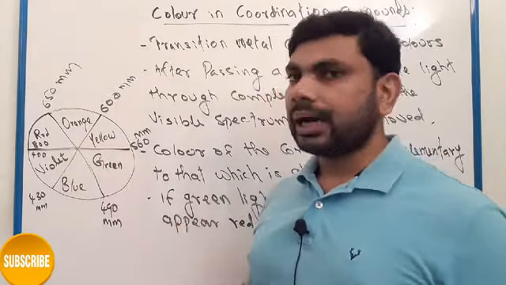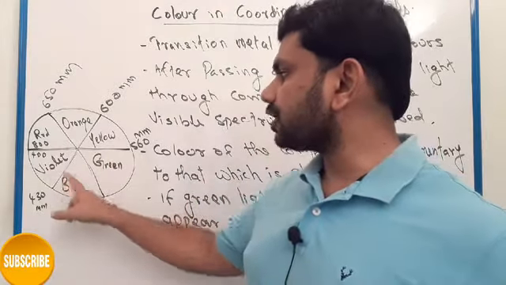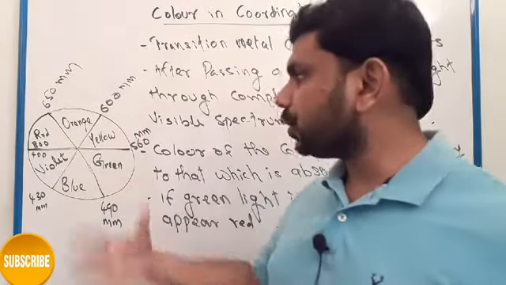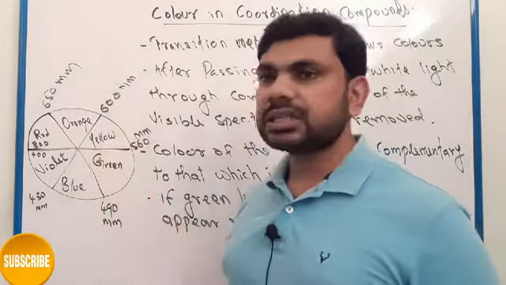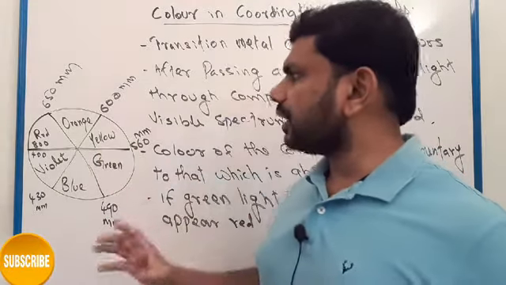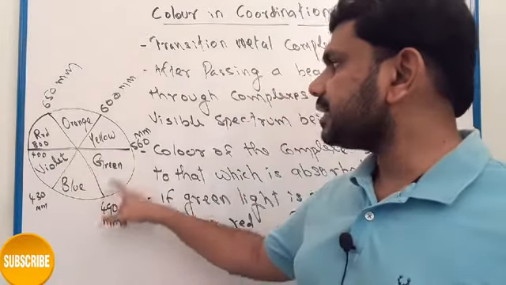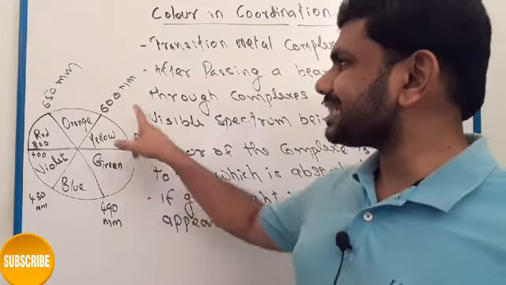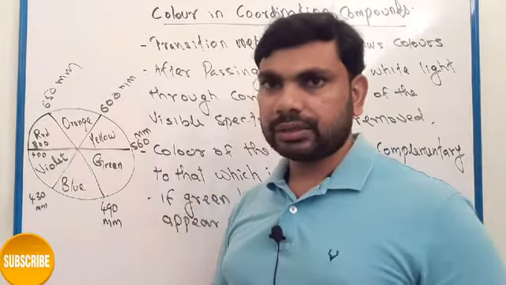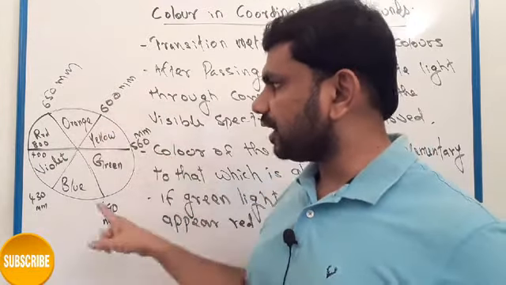Actually VIBGYOR has 7 colors, but here we have violet, blue, green, yellow, orange, red; there is no indigo. And the wavelengths, starting from here, are 400, 430, 490, 560, 600, 650 and 800. Clear? You have to remember these colors and their wavelengths.